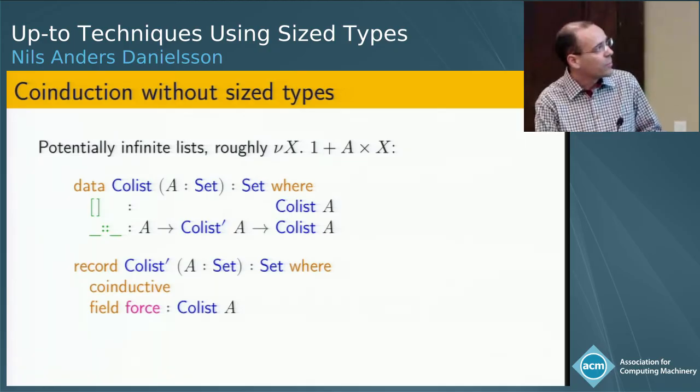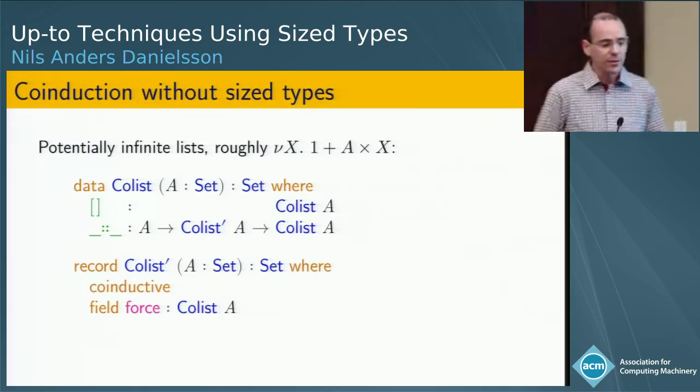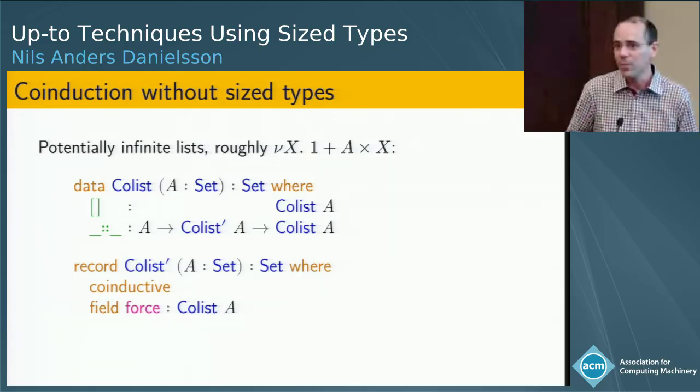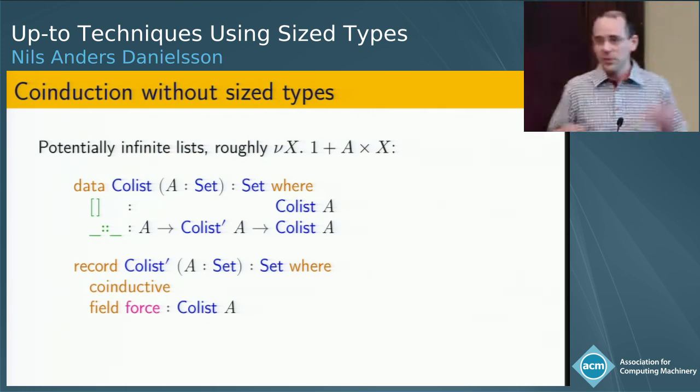So here's one way that you can define these co-lists, potentially infinite lists, in Agda. We have the nil constructor and the cons constructor, like with regular lists, but for the tail I'm using co-list prime instead, and you can think of co-list prime as being the type of suspended co-lists. Here we have this record type, and if you force a suspended co-list, then you get a co-list.